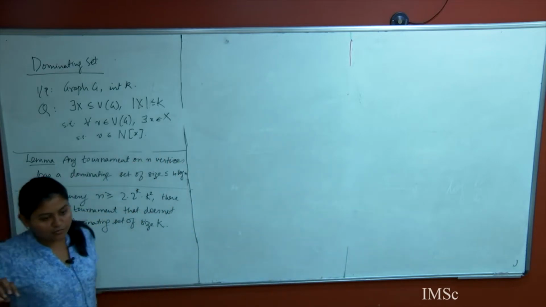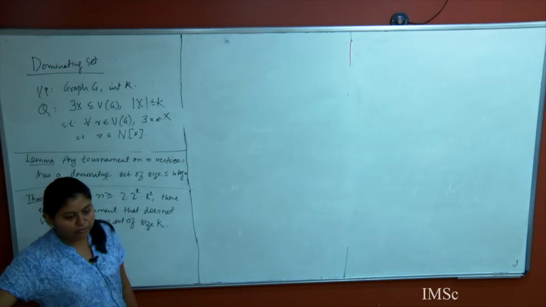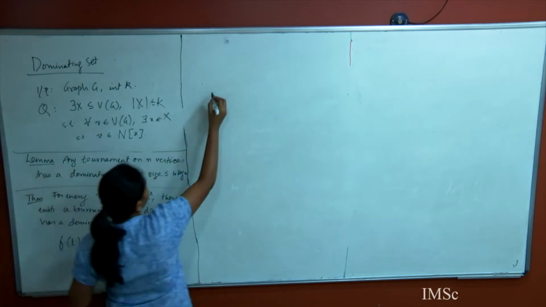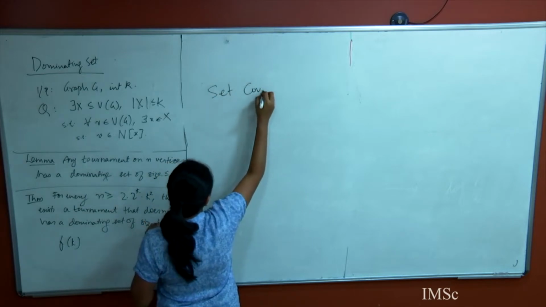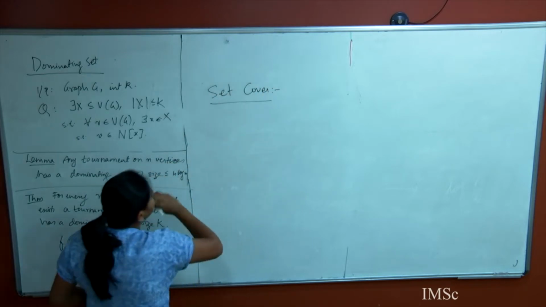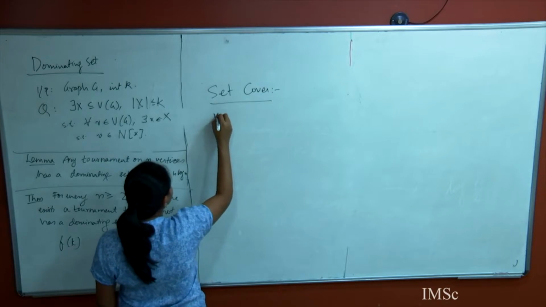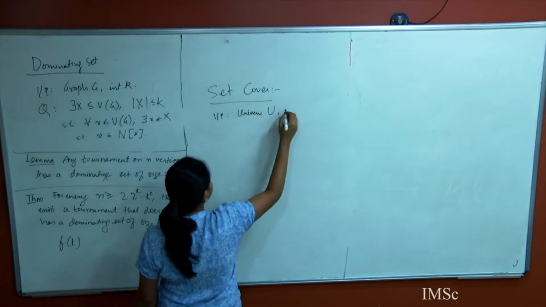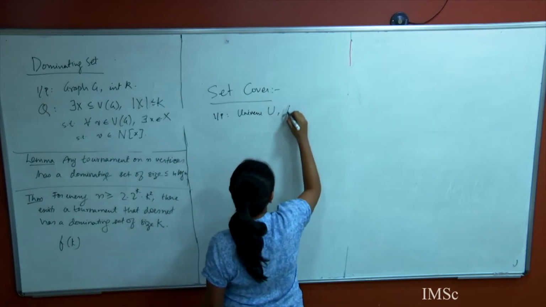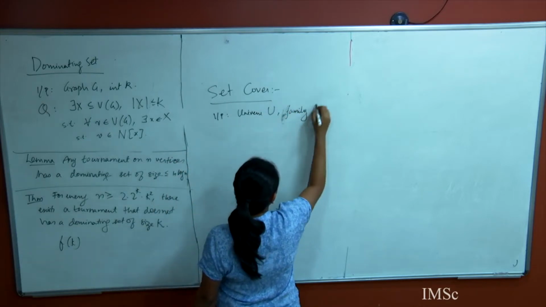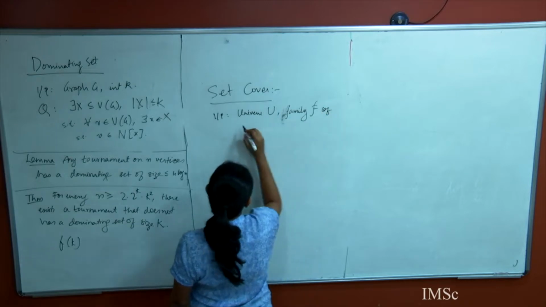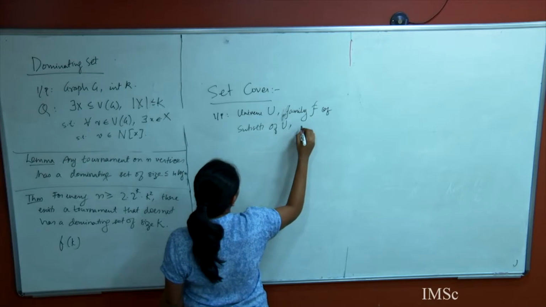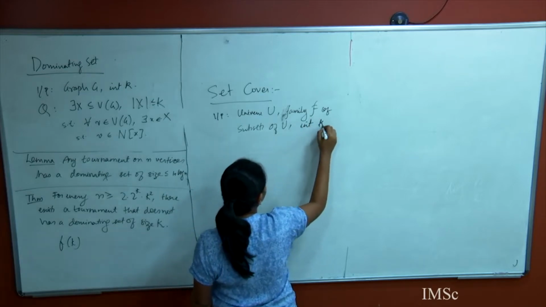So we will use this object to give a reduction from a problem called set cover to dominating set. Let us see what set cover is. In the set cover problem, your input is a universe U, a family F of subsets, and an integer k.